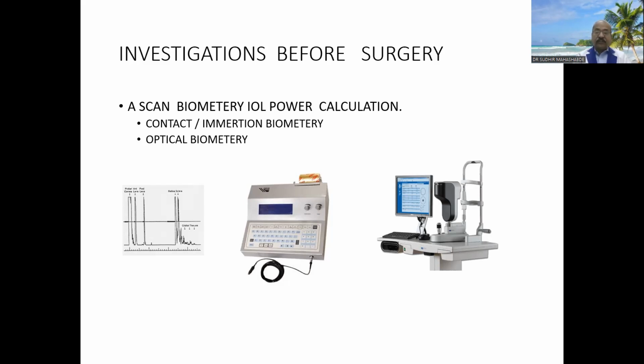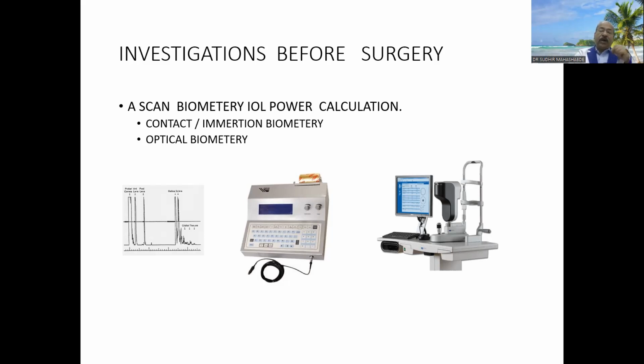Those data are automatically filled in the machine, which calculates and gives us a reading of what will be the type or power of the lens which we are going to implant.